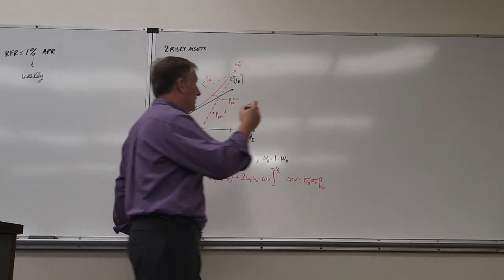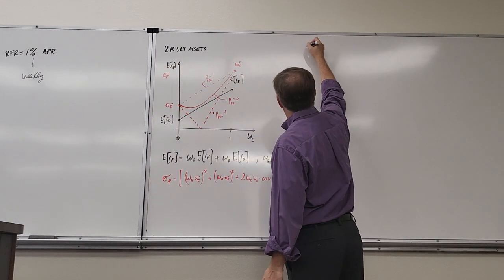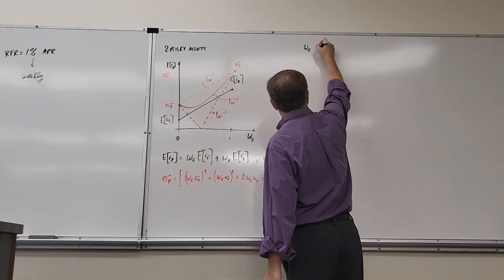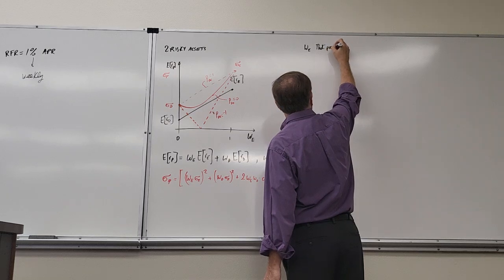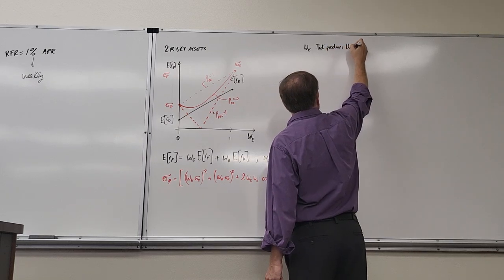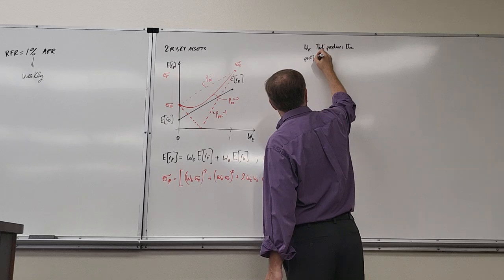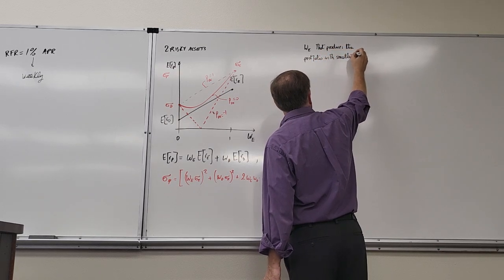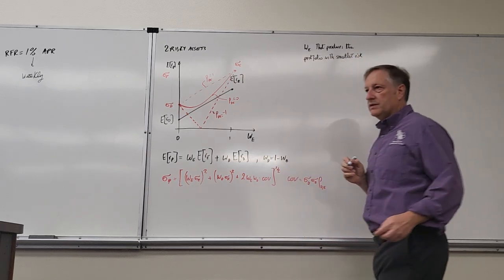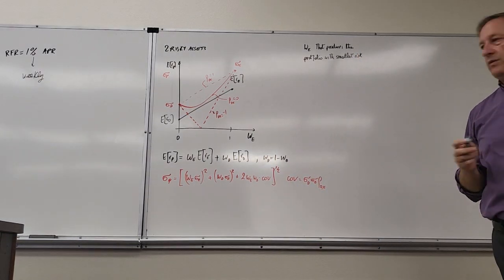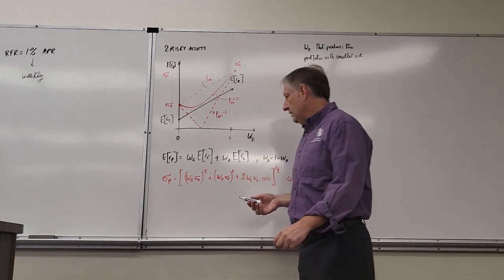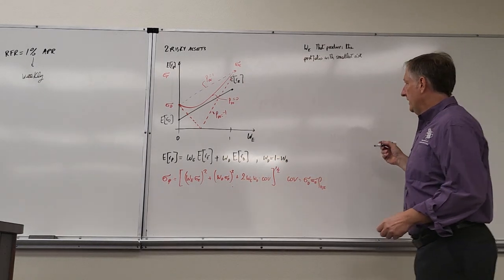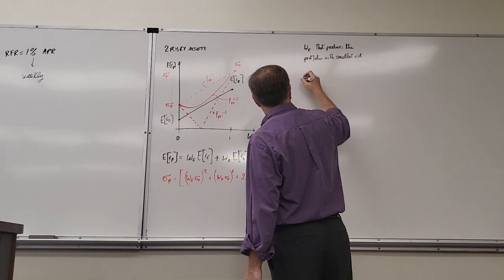So we said, what is the weight of equity that produces the portfolio with the smallest risk? And the way we did it, we took this formula right here, took the derivative, set it equal to 0, and solved for the weight. And ultimately we ended up with this one right here.